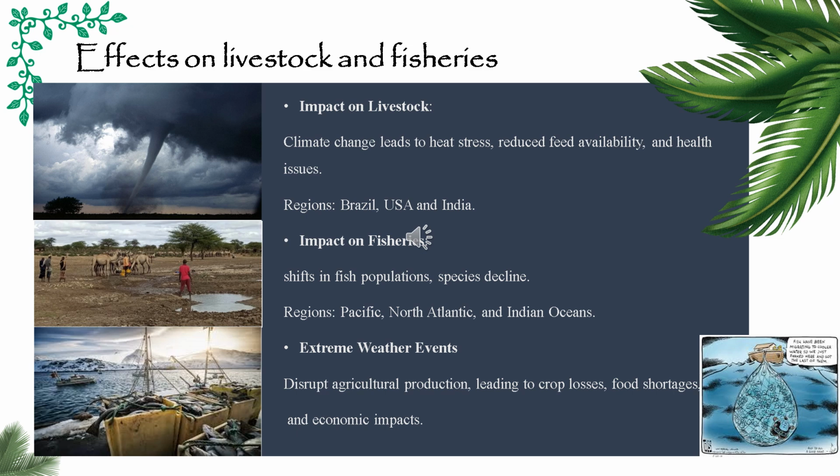Warmer waters cause fish species to migrate to cooler areas, disrupting traditional fishing grounds and altering migration patterns. Species like salmon may face reproductive challenges if waters are too warm. Species decline. Some species may decline if they can't adapt or move. Coral reef fish are particularly vulnerable as reefs bleach and degrade.